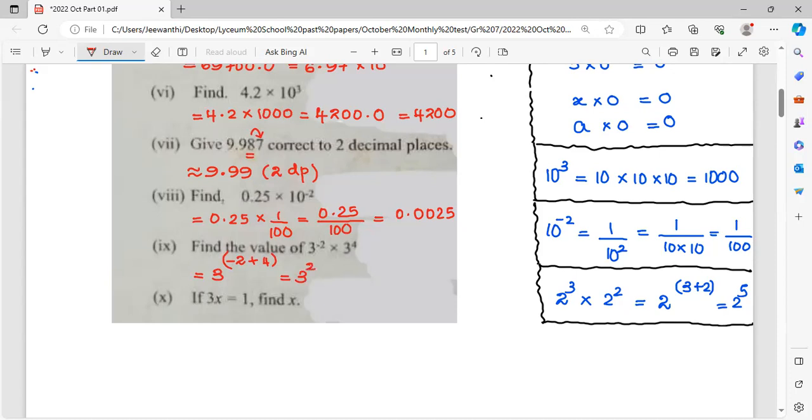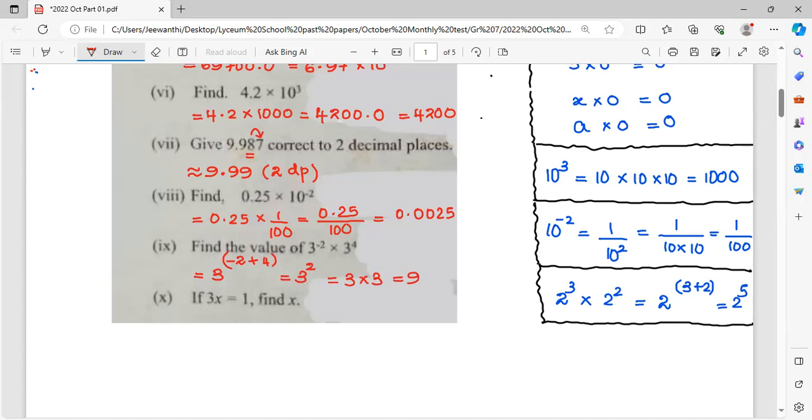But read the question carefully, children. You want to find the value, so you are not supposed to keep the answer in index form. Therefore, I expand this: 3 times 3, and the answer is 9. They have asked us to find the value.